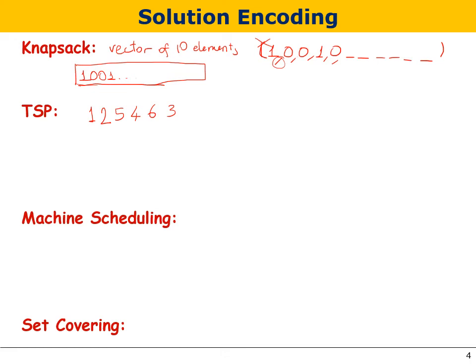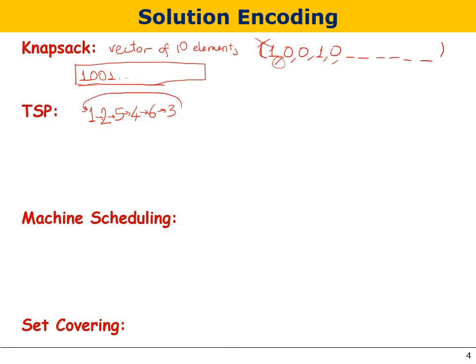If I tell you this is the order of the cities, it means we start from city 1 and then go to city 2, to 5, to 4, to 6, to 3, and then we return back to 1.